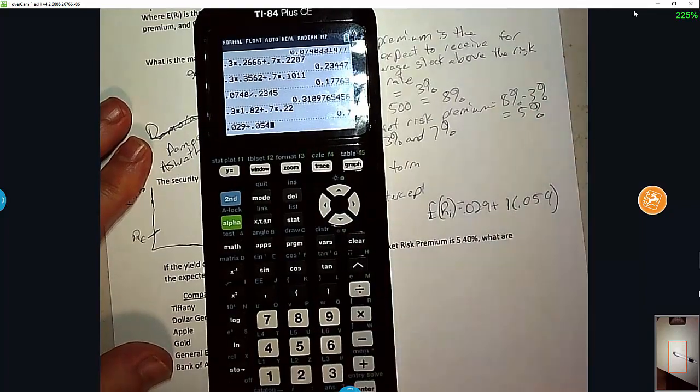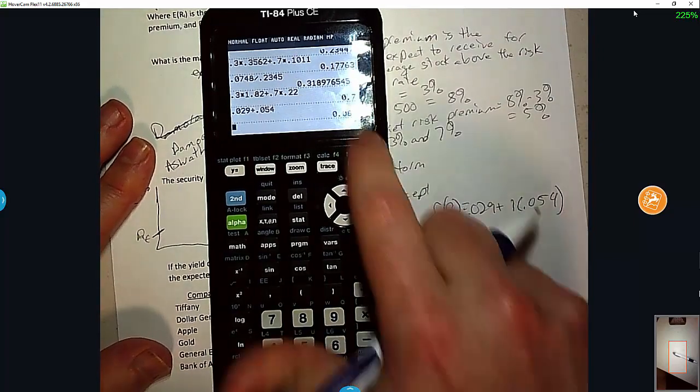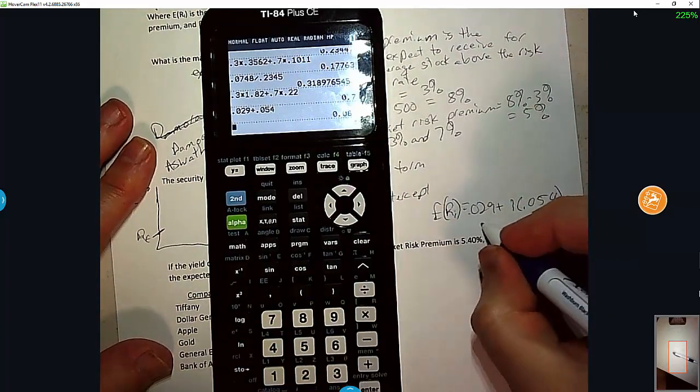I'm leaving out the 1 here because 1 multiplied by 0.054 is just 0.054. So I get an expected return of 8.3%.